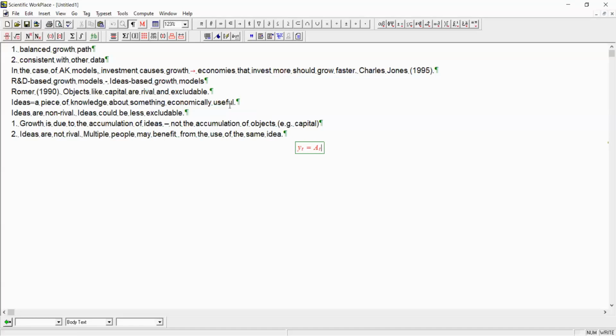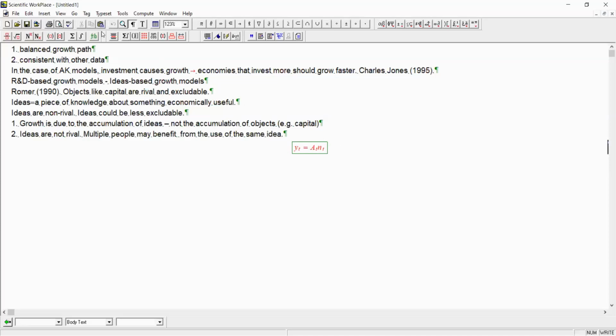So now productivity is going to be related to the number of ideas, and we're just going to call it A, just to pick a letter out of a hat, times N_t. So we're going to forget capital because we're not interested in it. We're interested in the dynamics of ideas. We could put capital back. It's just going to complicate things unnecessarily. So labor is the only input, and it's not reproducible.